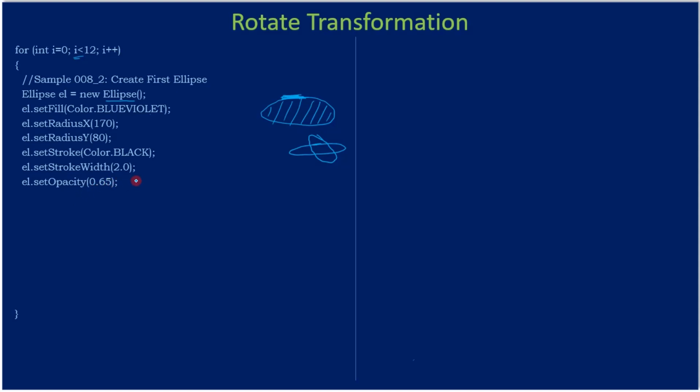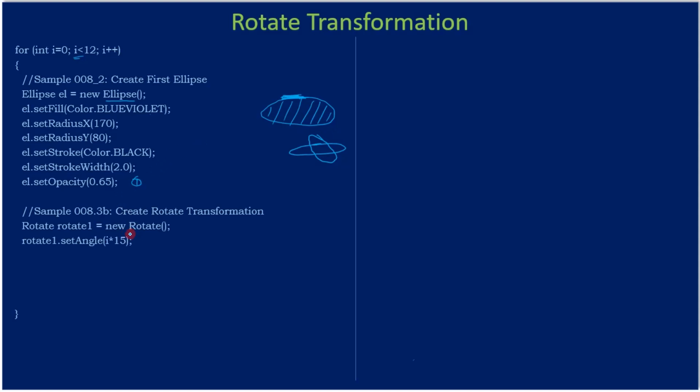If opacity is 1, then the overlapping ellipse will completely hide the underlying one. But here opacity is 65, which means there is some transparency and you can see through the top ellipse to the bottom one. So there is a transparency which we set here using set opacity.